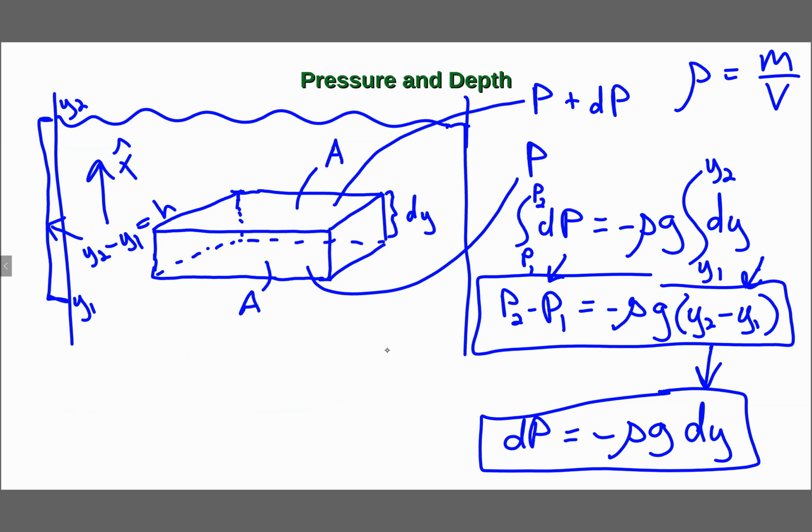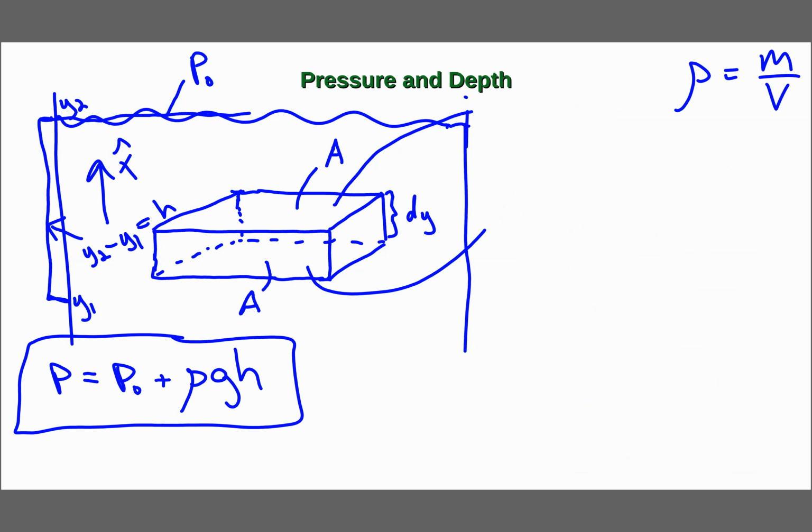And then we can call the pressure right here at the surface of the fluid P naught, okay? Or P at zero depth. If we do that, then we can solve for P and we can see that the pressure at some given depth is P naught plus rho GH.